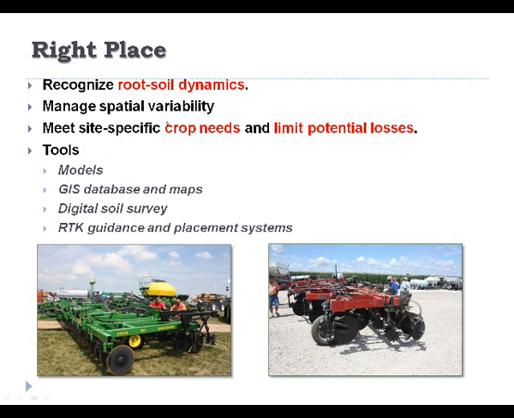So again, we get into managing spatial variability to make sure that happens, making sure we understand the crop needs, and that we limit any potential losses of nutrients so that we're keeping them in the field to be available to the crop. Some of the same tools that we've seen before can come into play. A new one that comes in here is digital soil survey, because different soils have characteristics that are very important in nutrient movement as well as root growth.